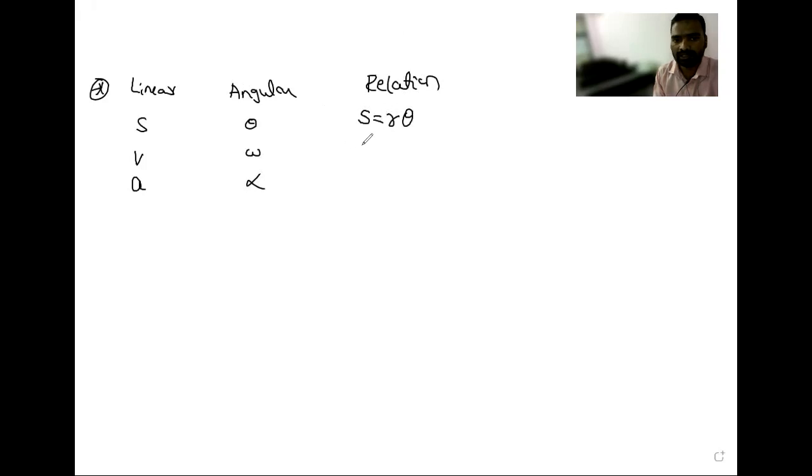Then linear velocity is equal to R times omega. Then linear acceleration is equal to R times alpha, or it is also called R into omega square. Correct?